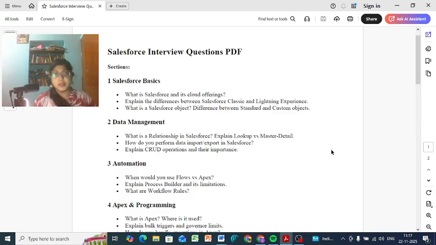Now when we speak about our preferences, that is the relationship which we all quote. What is relationship in Salesforce? Explain lookup versus master detail, where I've explained about the circumference, that is the apex versus flow builder.